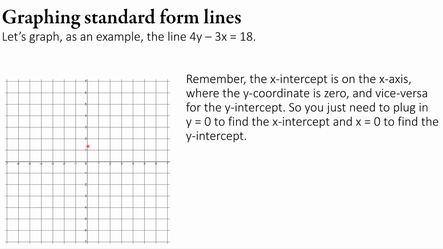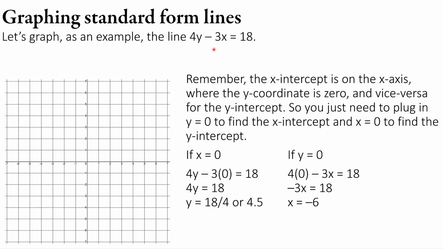Likewise, the y-intercept is on the y-axis, and for any point on the y-axis, the x-coordinate is 0. So to find the x-intercept, we just need to plug in y equals 0. And to find the y-intercept, we just need to plug in x equals 0. And those lead to very simple equations to solve in this form.